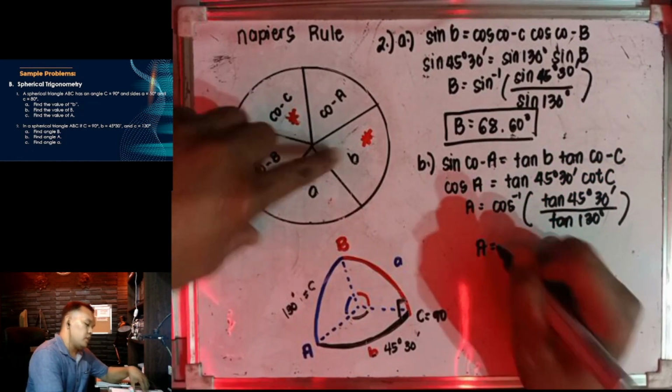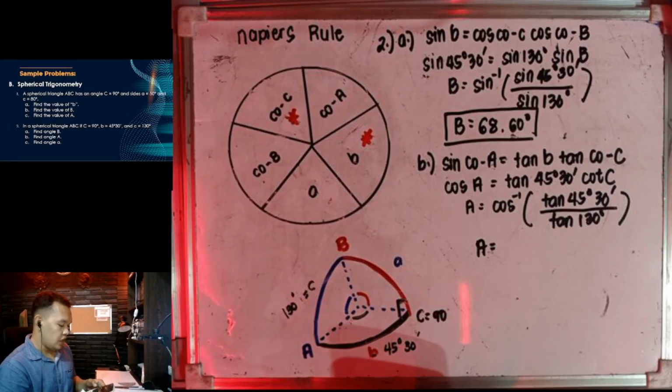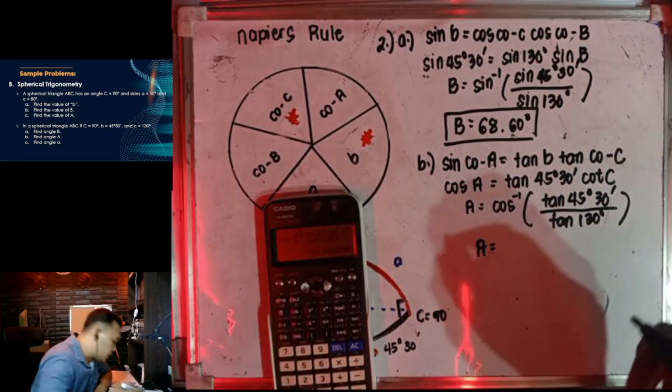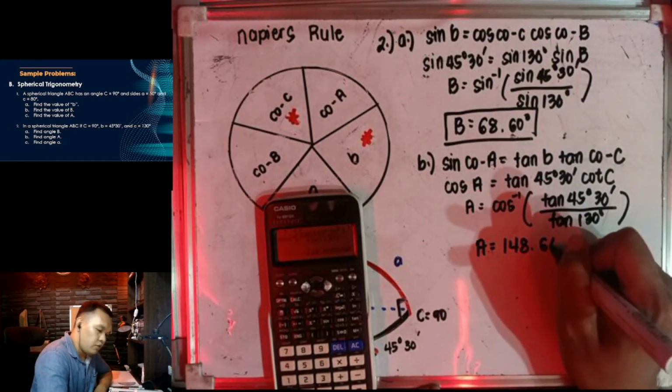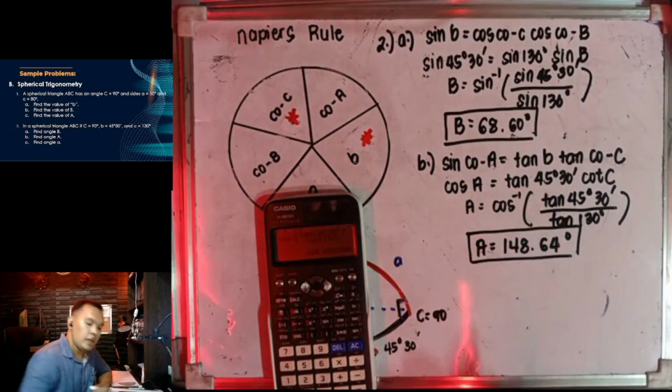So, A is equivalent to arc cosine of tangent 45 degrees and 30 minutes all over tangent 130 degrees. So, we have here 148.64 degrees for the value of capital A.